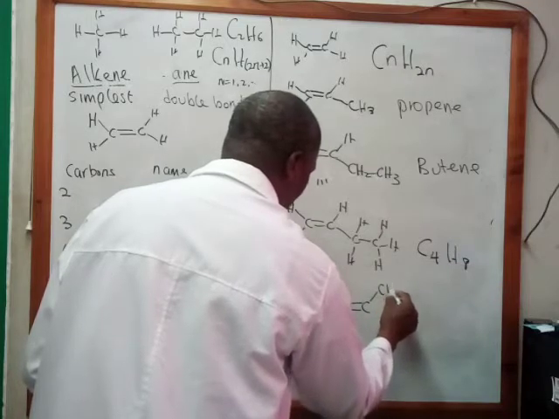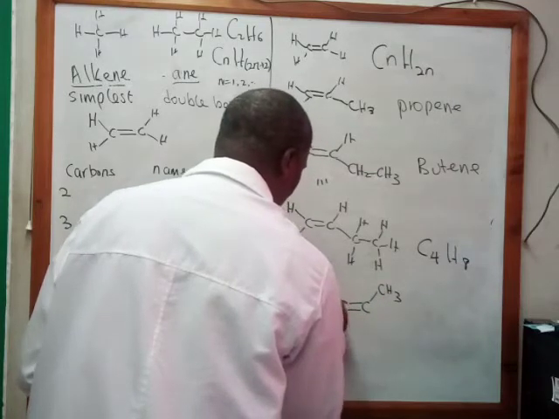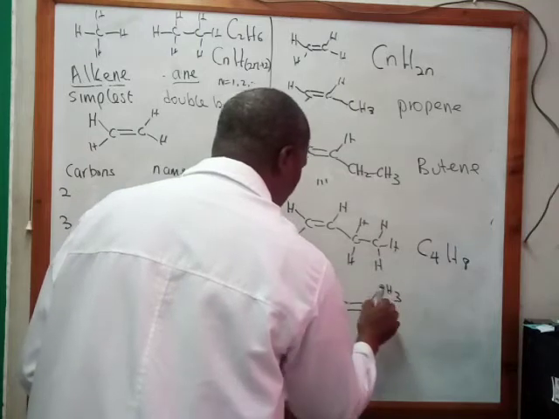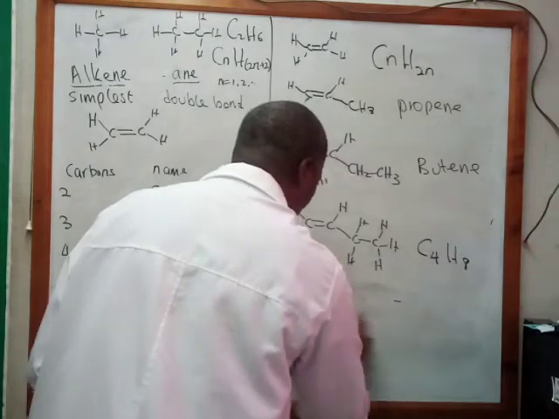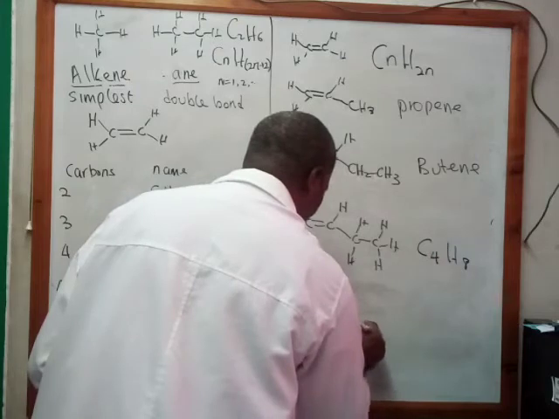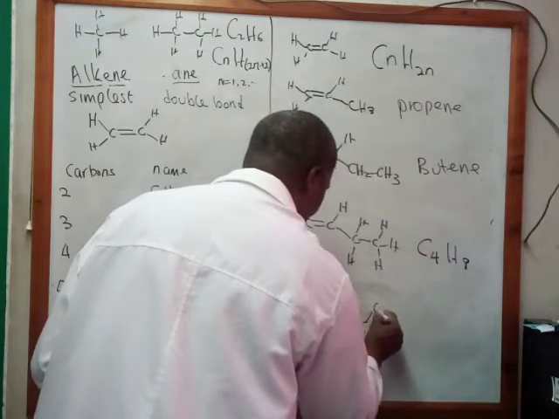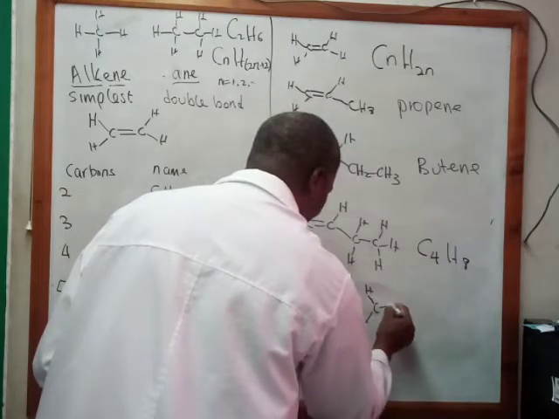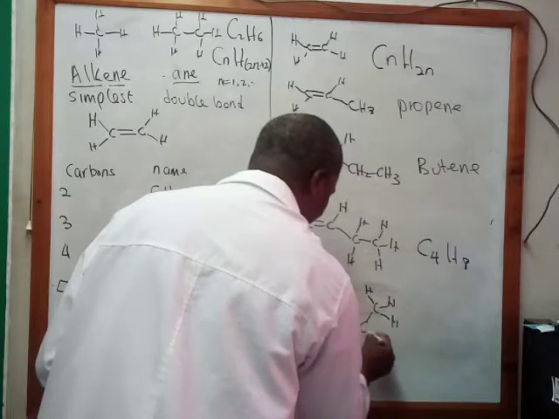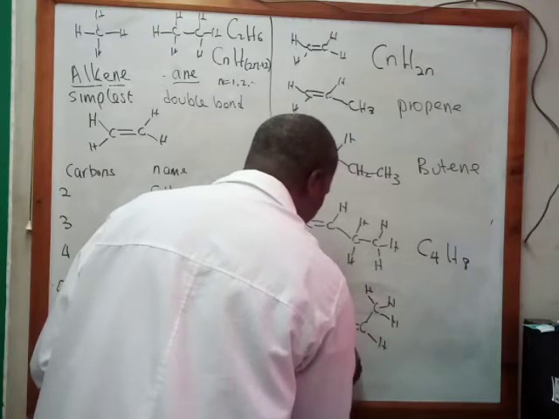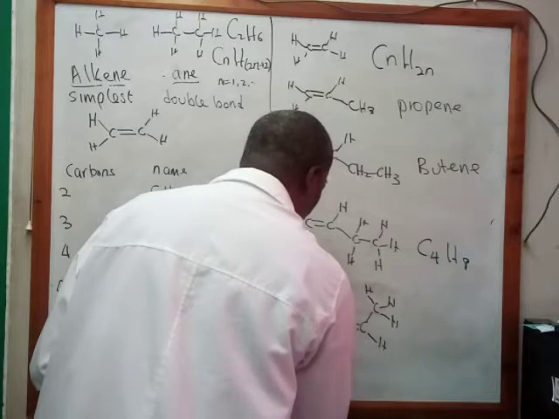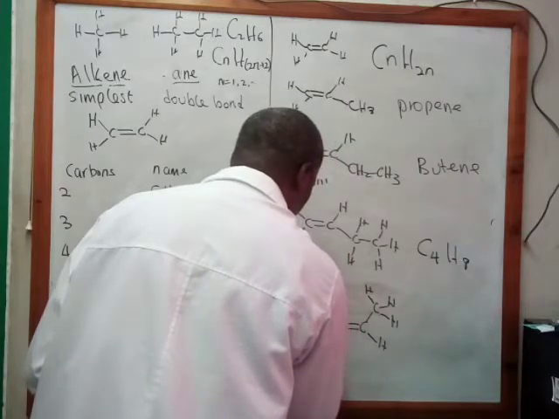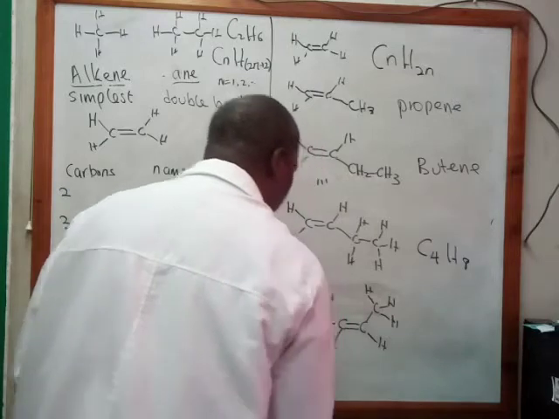For example, I can have a CH3 here. I can have another. Okay, let me put it another way. Can you see that?